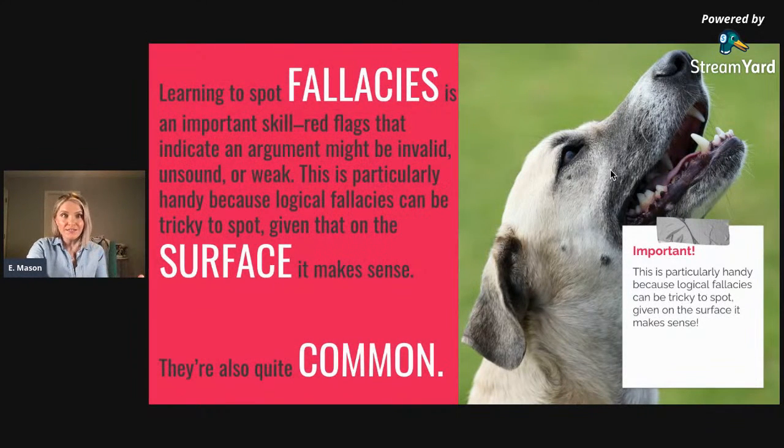Even if it's just one, that makes it flawed. Like I said earlier, they could be really subtle and hard to spot because on the surface they make sense. But it's also important to know that they are very, very common.